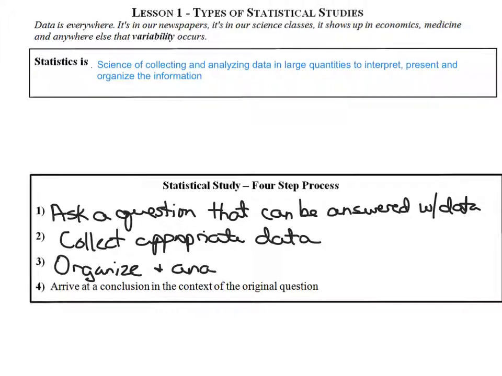That's what we'll be looking at in some future lessons in this unit, how to organize and analyze the data. And lastly, step number 4 is going to be to arrive at a conclusion in the context of the original question. We will see this whole process as we go through Unit 13.